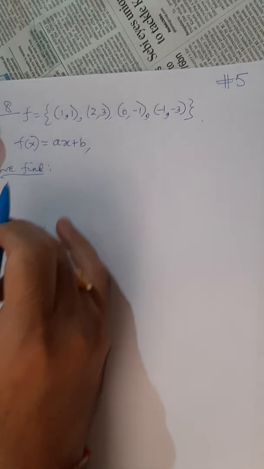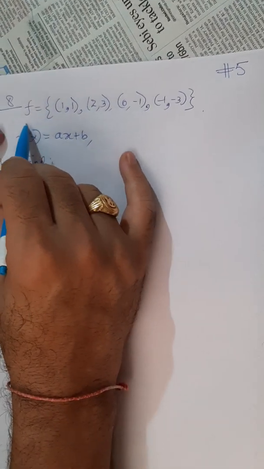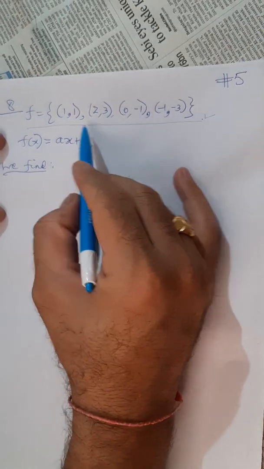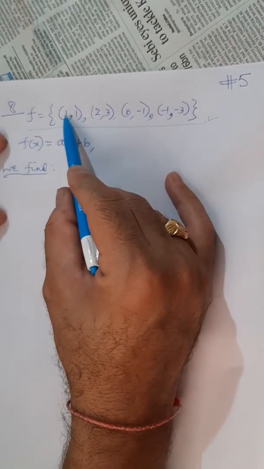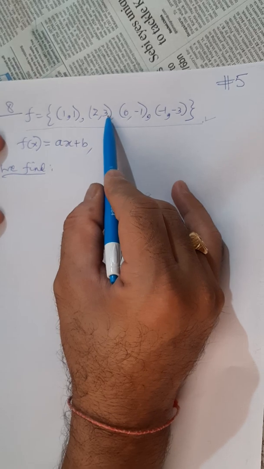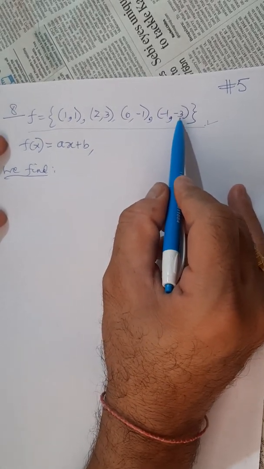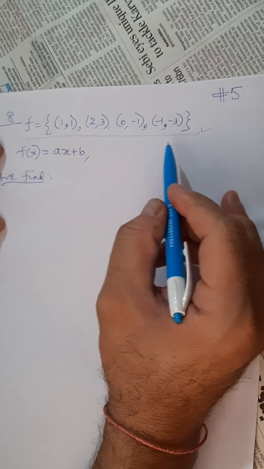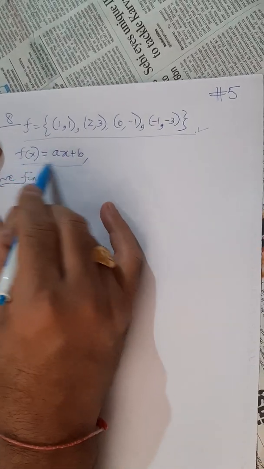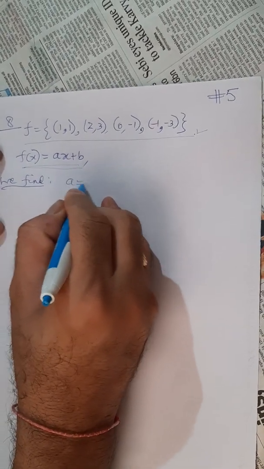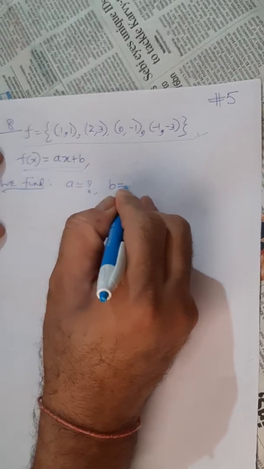Next question. You are given a function in this way, in the form of ordered pairs. This means f of 1 is 1, f of 2 is 3, f of 0 is minus 1, f of minus 1 is minus 3. Now, the formula of the function is also given. You are asked to find a and b.